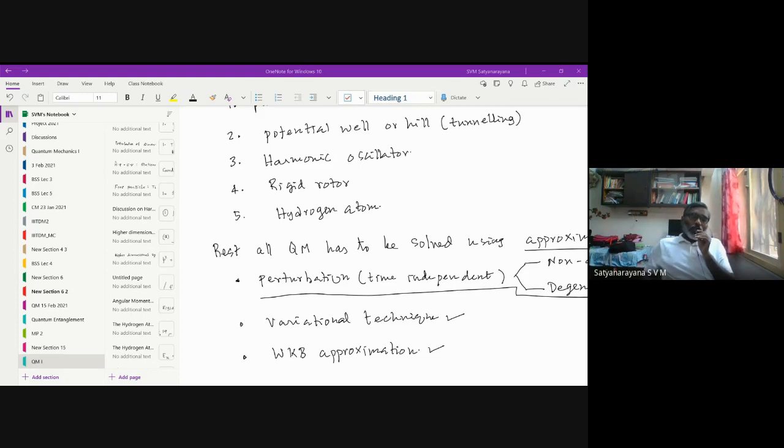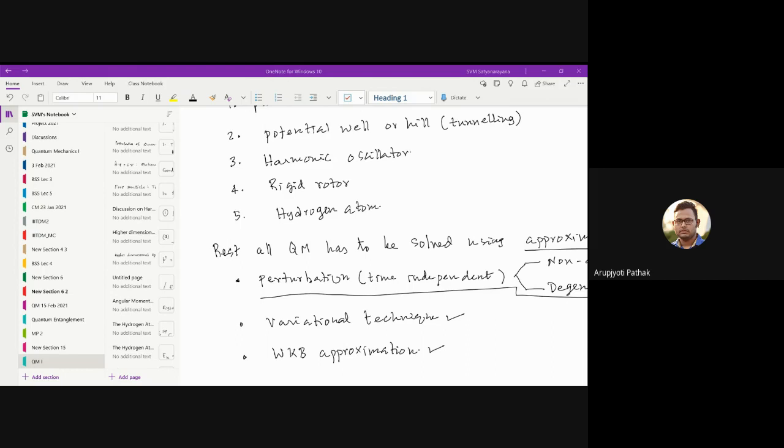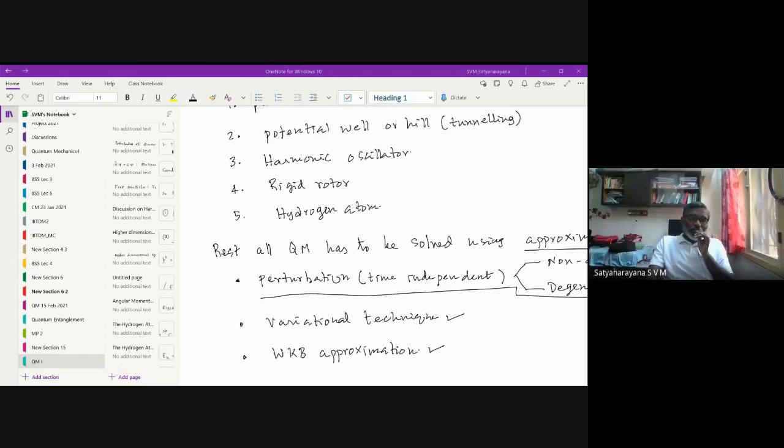Because m will take only values from minus j to plus j. Essentially, I am only considering the angular momentum degree of freedom; all other degrees of freedom I am not interested in at this moment. The state space corresponding to that degree of freedom will be 2j plus 1 dimensional.